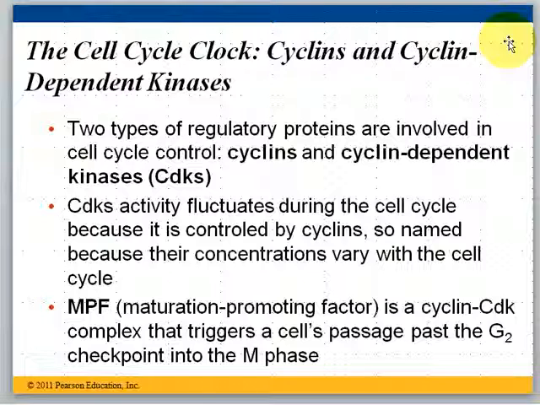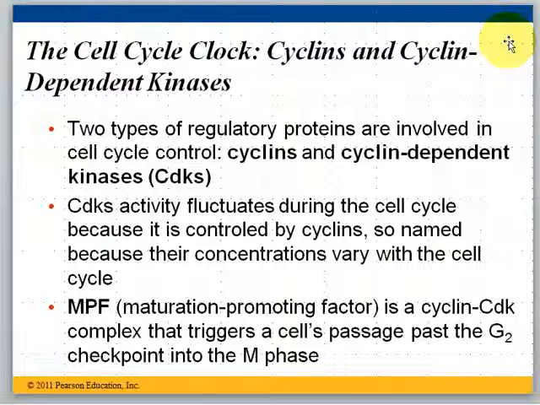But I think a simplified or perhaps clearer way is to think of it as an M-phase promoting factor, because this is a particular cyclin-dependent kinase that triggers a cell's passage past G2 into the M phase.